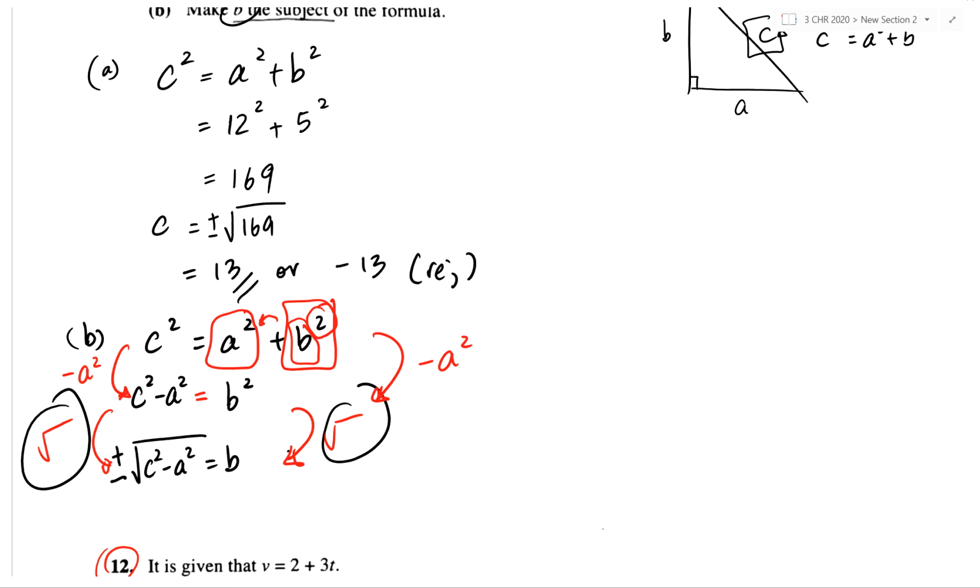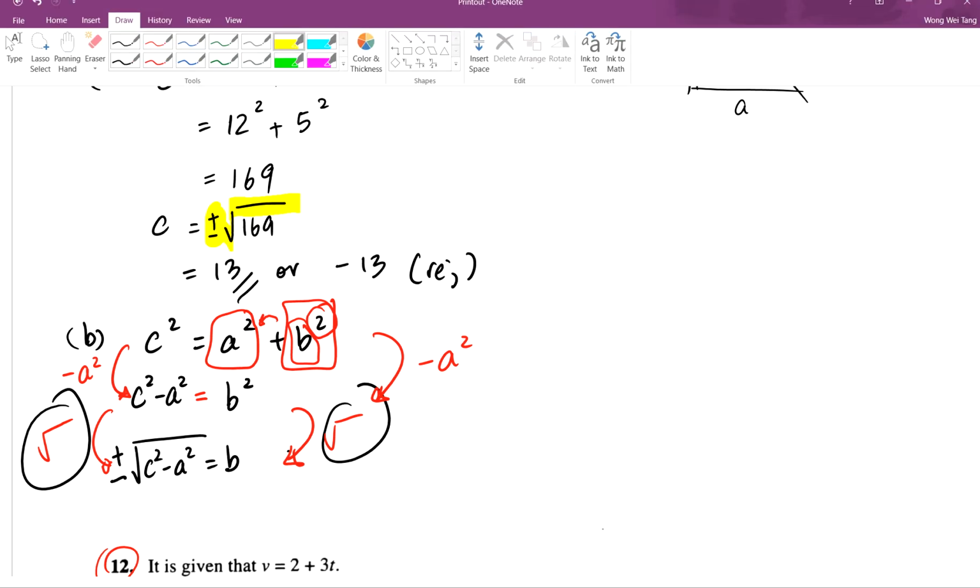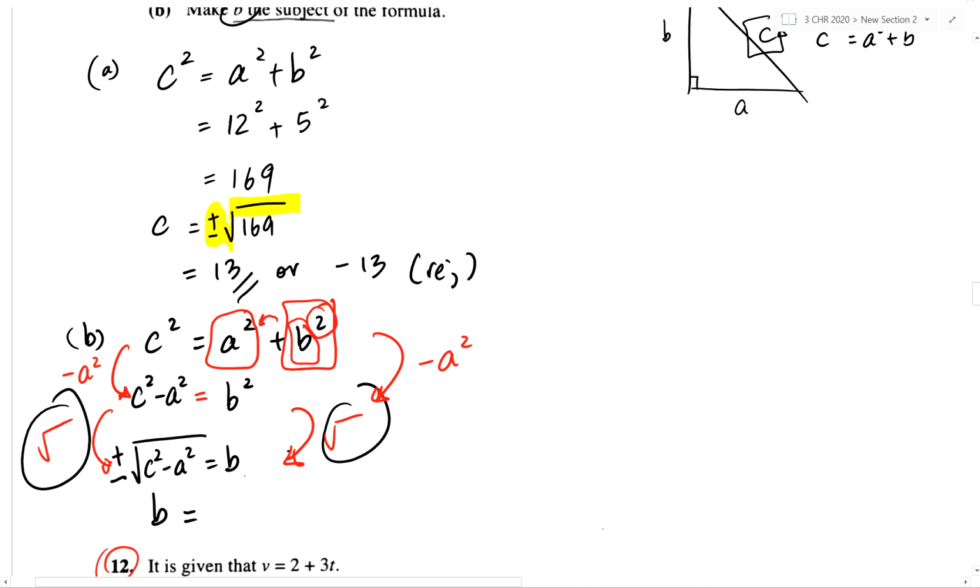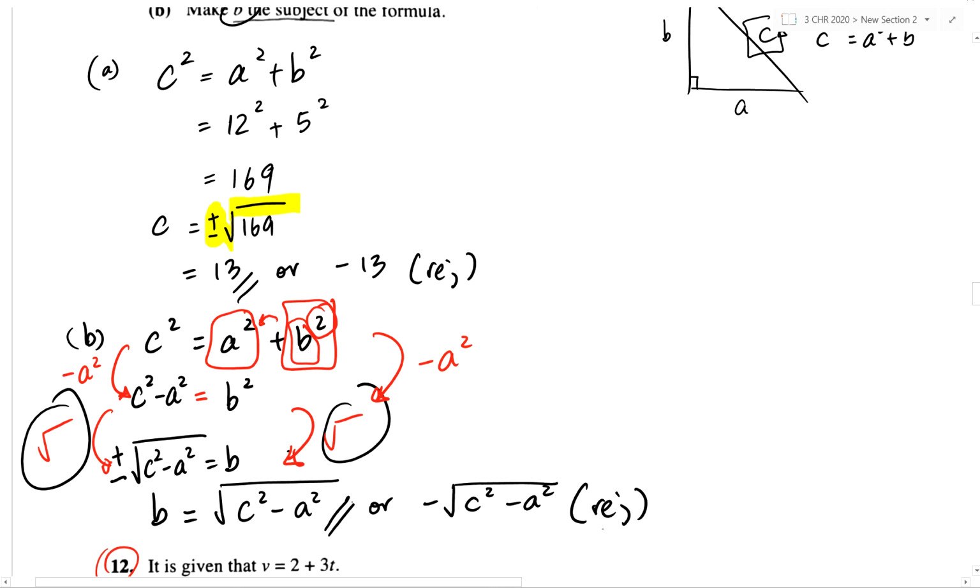Just like in part A, I must put in a plus minus. Now b, in summary, is equal to square root of c square minus a square. This is one option, or the other one is negative square root of c square minus a square. But since b itself is a length, we will have to reject the negative value because length cannot be negative. So this is our final answer.